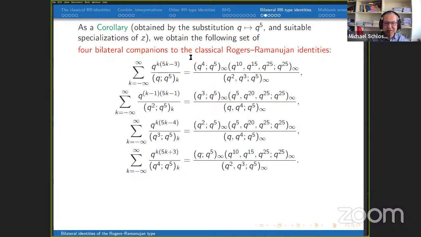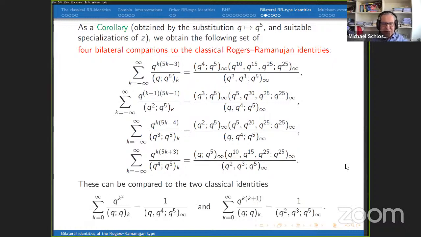And again, we have quadratic powers of q here, which make the series converge. So I find these quite beautiful. You also see different combinations, q 2, 3, 1, 4, 1, 4, 2, 3, appearing in these products on the right-hand side.